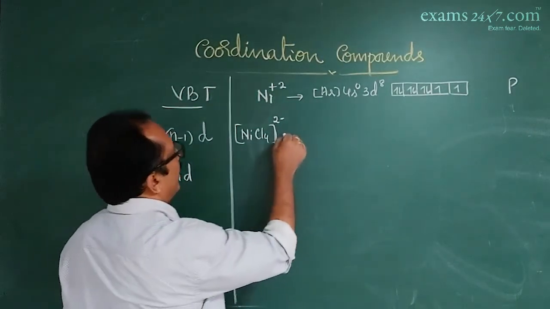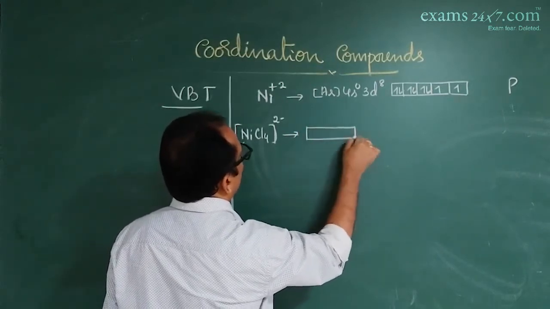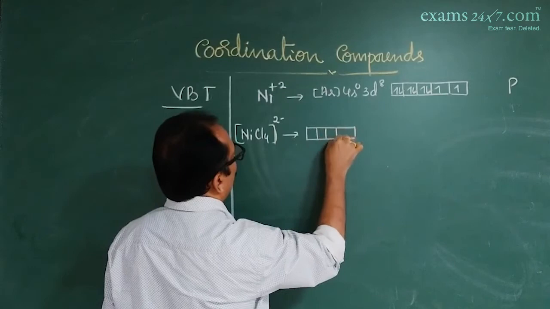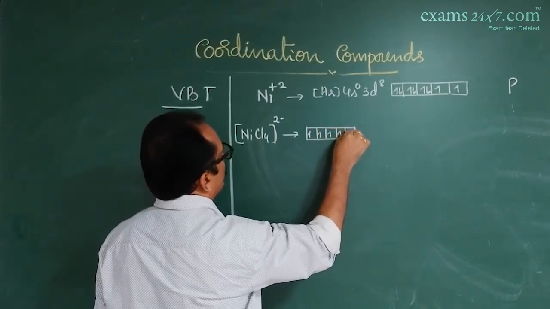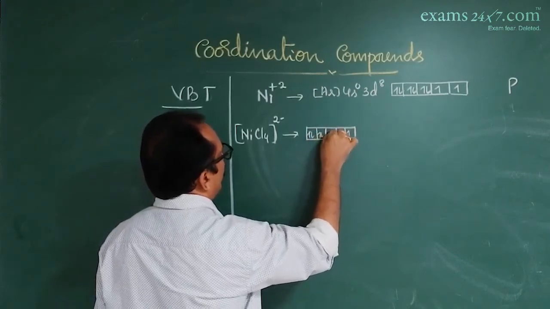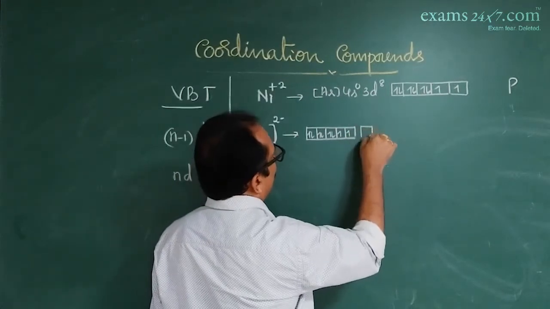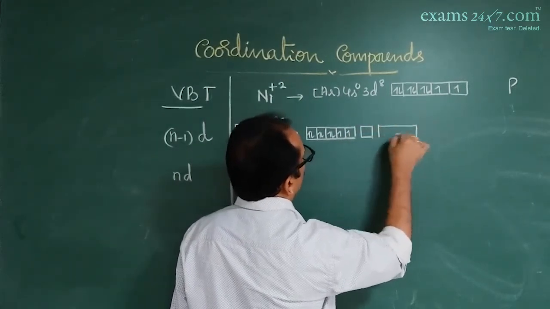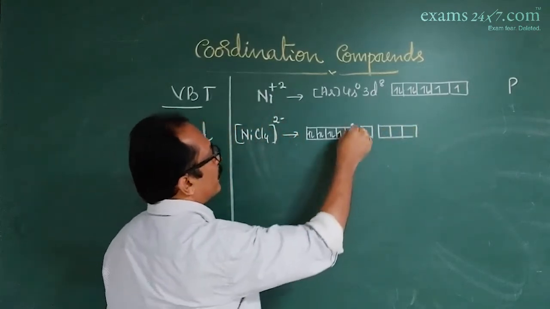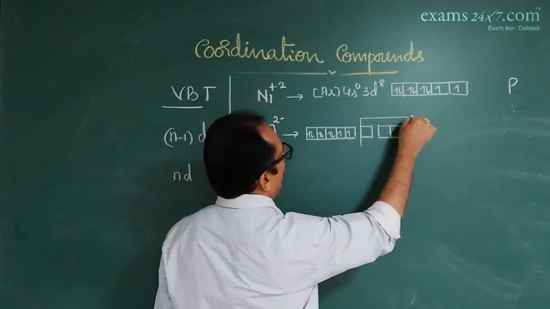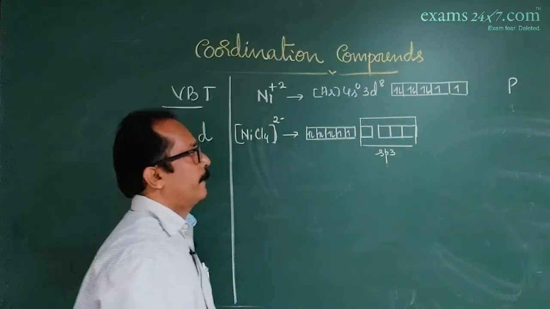In the presence of the chlorido ligand, the 8 electrons are arranged like this. Since the ligands are weak, there is no spin pairing. Therefore, this undergoes sp3 hybridization.